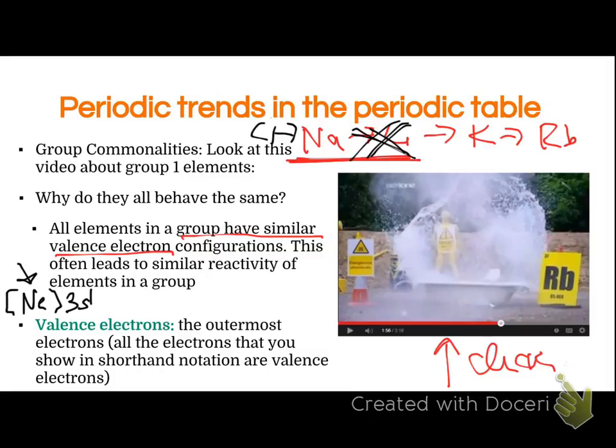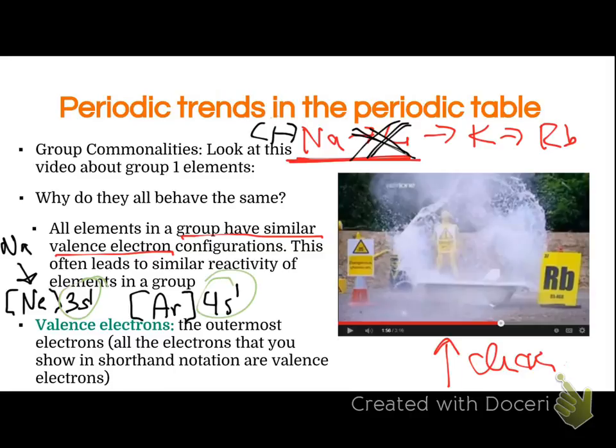Anyway, so the electron configuration for sodium is neon in brackets 3s1. For potassium, it's going to be argon 4s1. So these both have the same number of outer electrons.